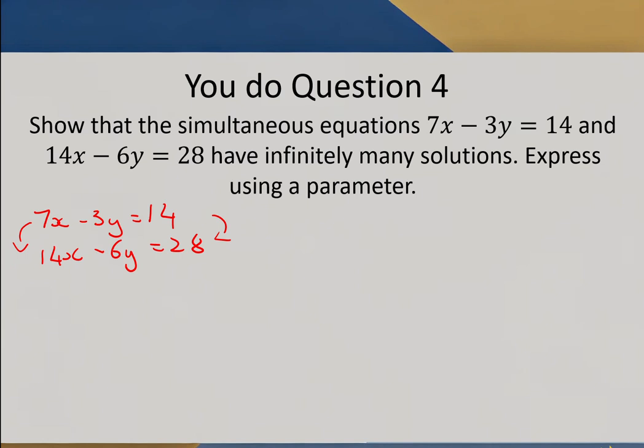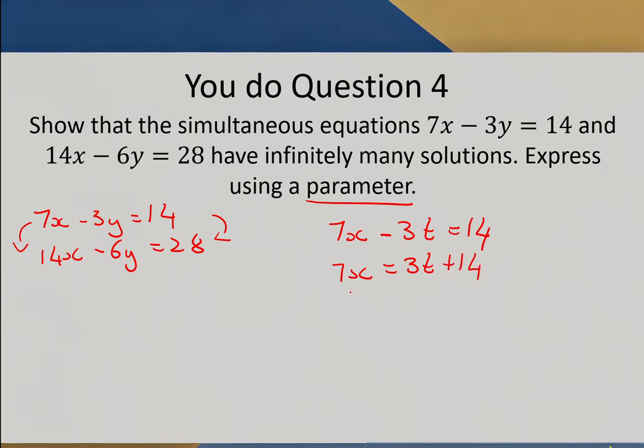If I'm wanting to express with a parameter, then I'm just going to substitute t in as y. So I'm going to pick 7x minus 3t equals 14. I'm going to get x by itself. So that means I'll go 7x is equal to 3t plus 14.